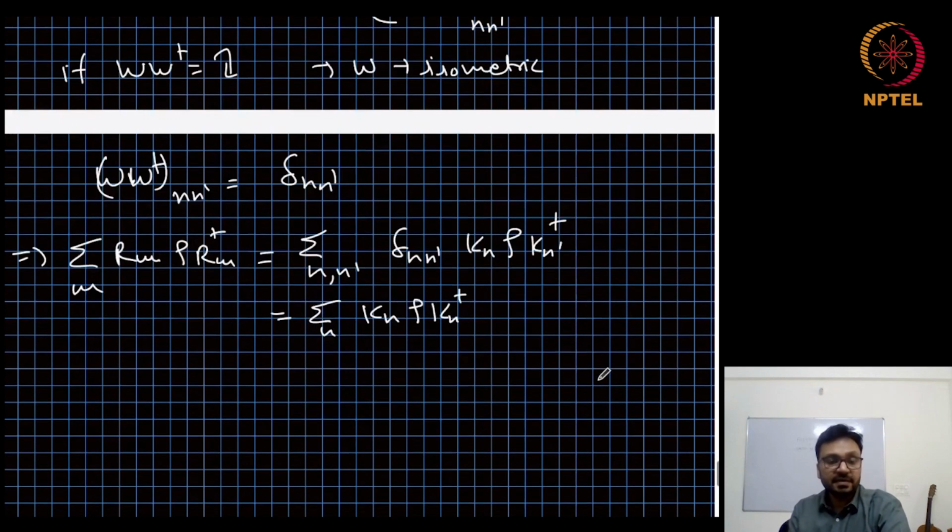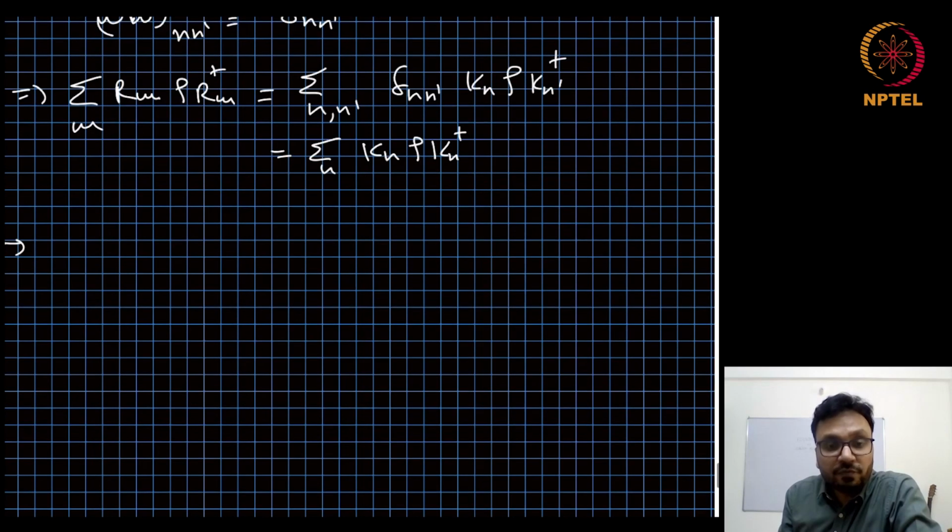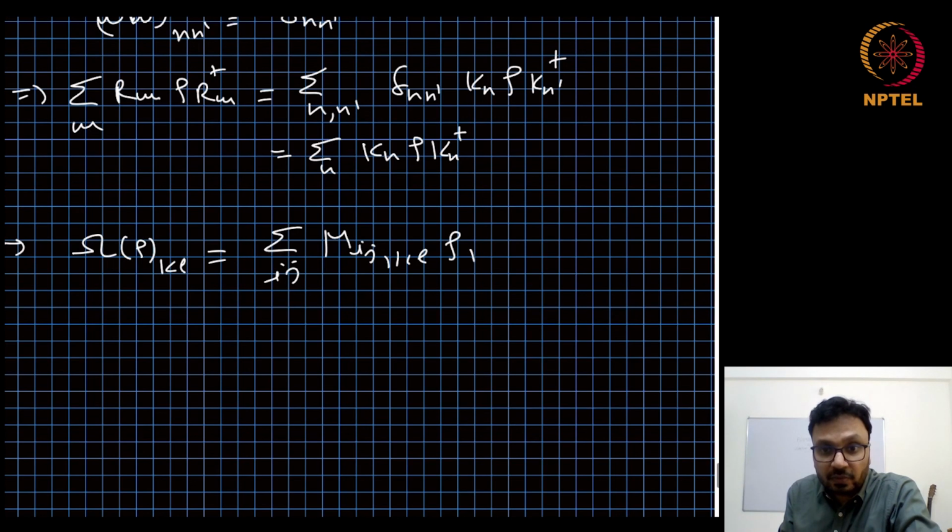So in that way, if the two sets of Kraus operators are related by an isometric matrix, then they will represent the same completely positive map. Hence, the choice of the Kraus operator is not unique. To find the set of Kraus operators for a given completely positive map omega, what we need to do is apply omega and find the KL element, sum over ij M_ij KL rho of KL.